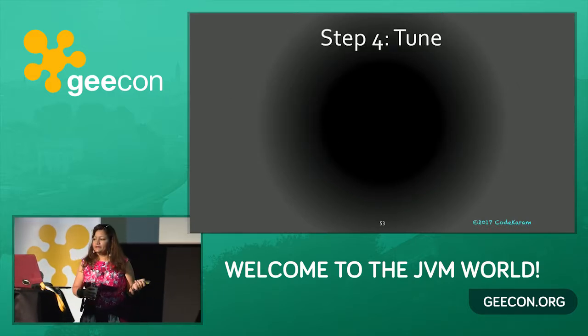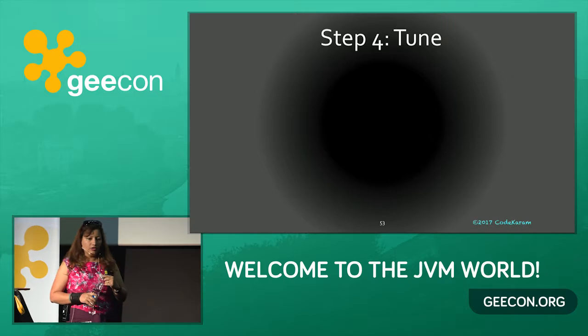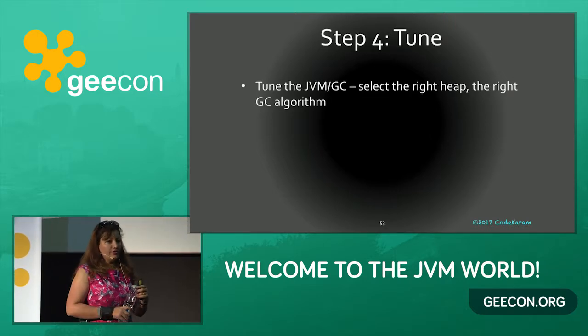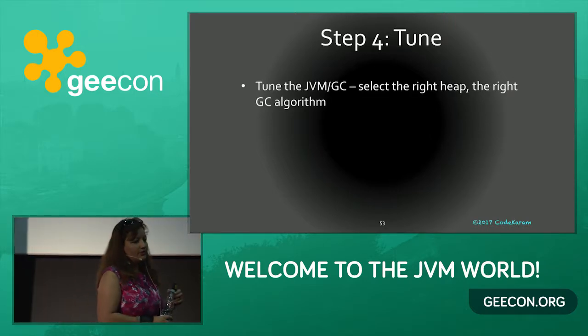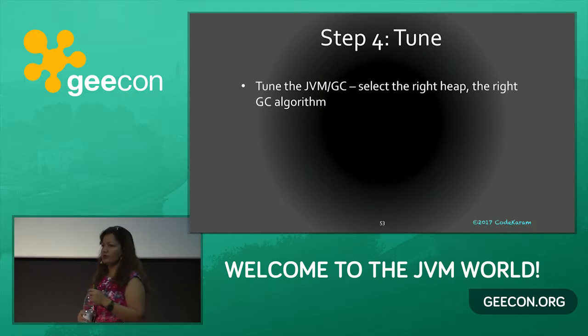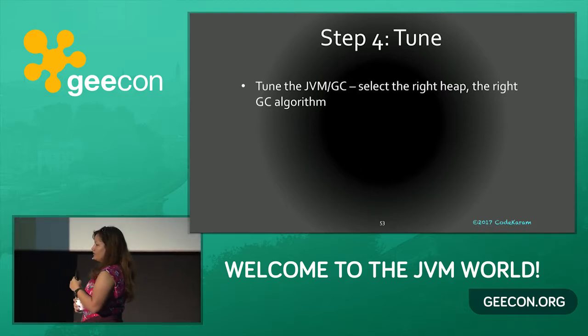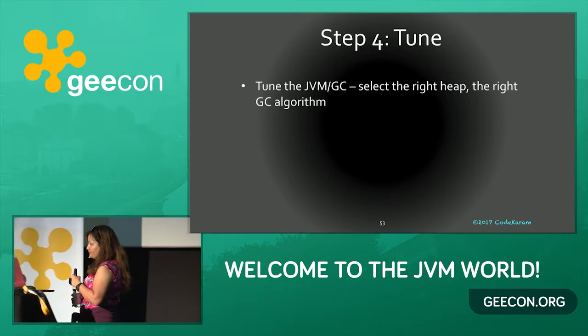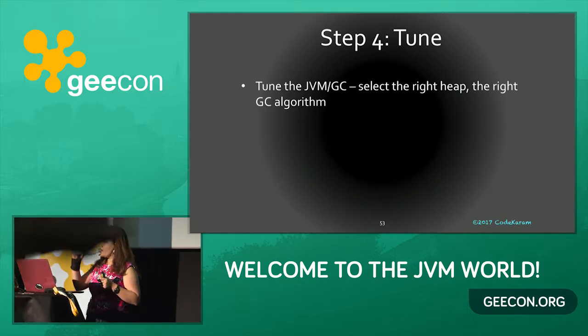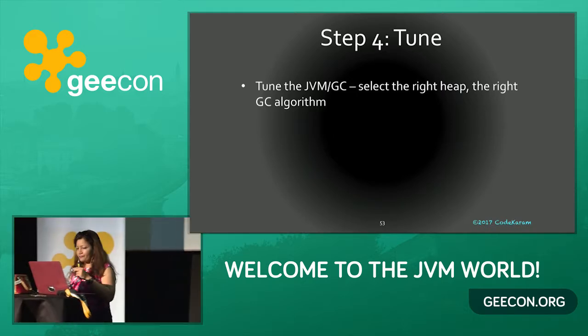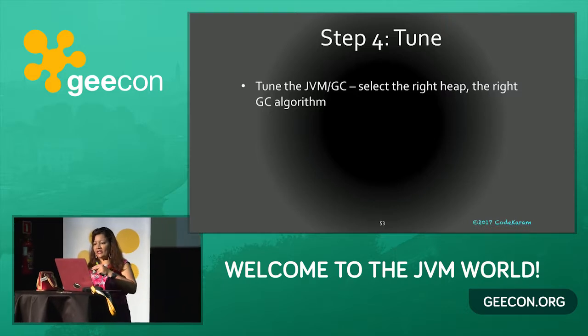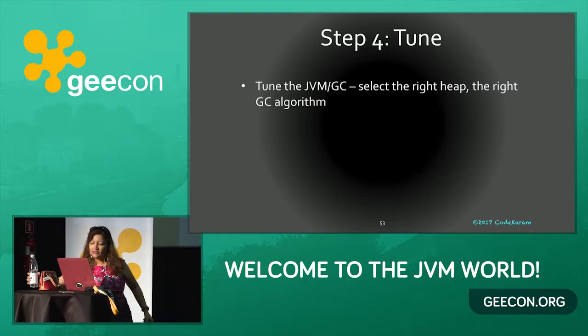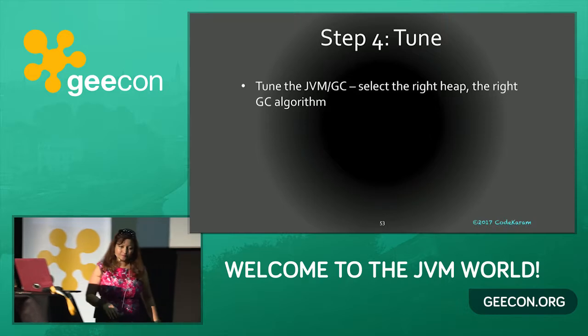Now comes tuning. When we're dealing with a Java application or any managed runtime application, the first thing we want to do is tune the JVM and garbage collection. So I have a bunch of quick cheats here based on my experience.